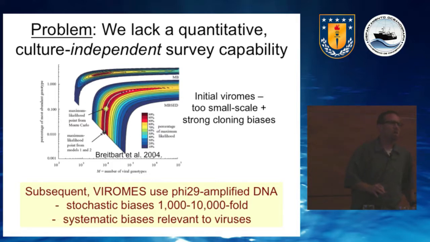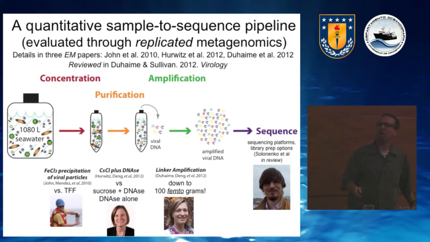So we spent about 4 years developing what we call a quantitative sample-to-sequence pipeline, where we just tried to better improve how to concentrate viruses. Instead of using tangential flow filtration on the 200 or 400 liters, we now use iron chloride chemistry-based chemical flocculation. The community used 3 different purification techniques, and we evaluated all 3 of those to figure out which ones were the right ones to use.